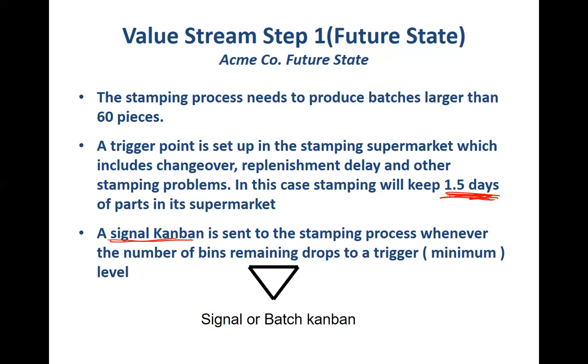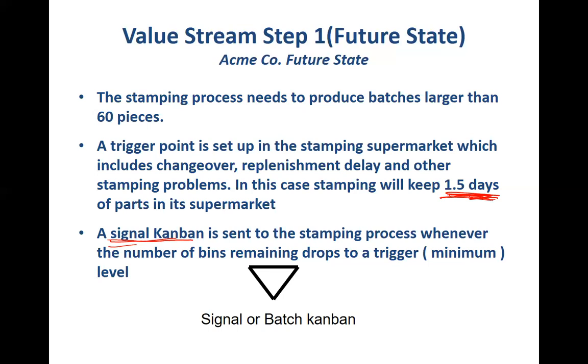So in this case, we will create this signal Kanban, which is sent to the stamping process from the supermarket that we would have between the stamping process and the next, which is our welding and assembly combined. And then stamping is supposed to make these parts as these signal Kanbans come to them.